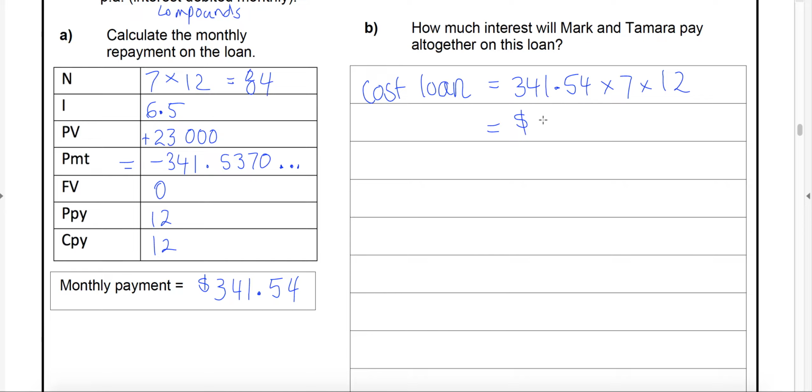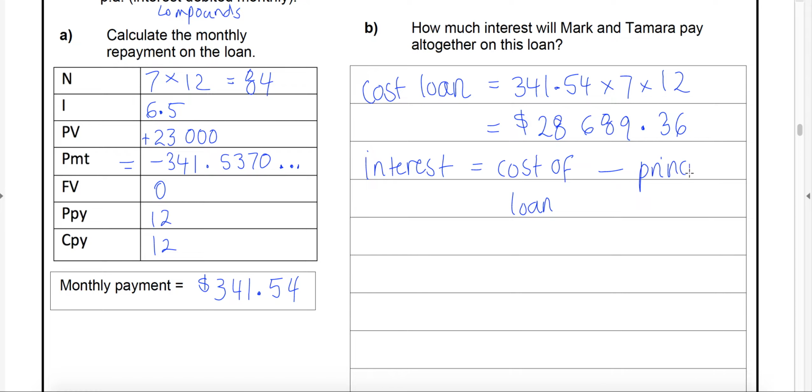When we calculate that, we get $28,689.36. So our interest, we need to do cost of loan, or cost, I wrote cost loan there, minus the principal.